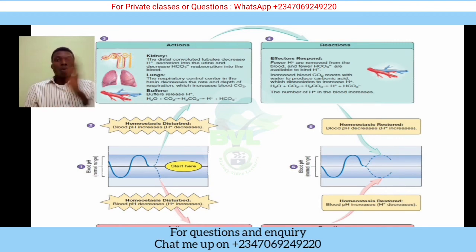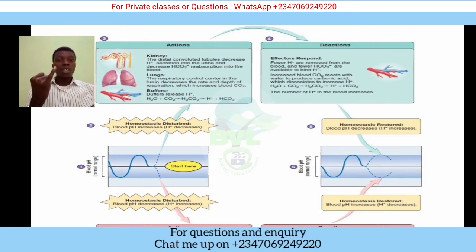So what will happen is that we are going to bring a component that will make it become acidic. How do we do that? We will retain the little hydrogen we have, then we will conserve the bicarbonates we have. Let me say that again. We will conserve hydrogen.